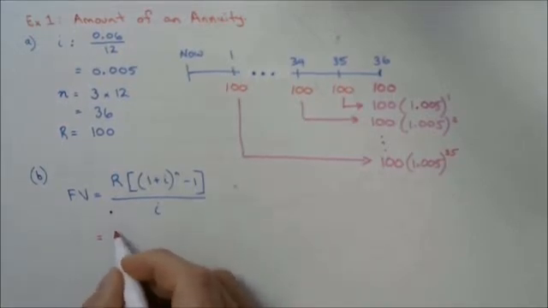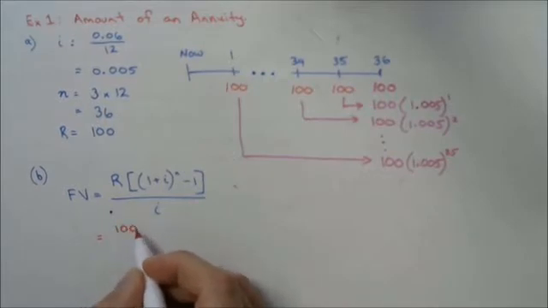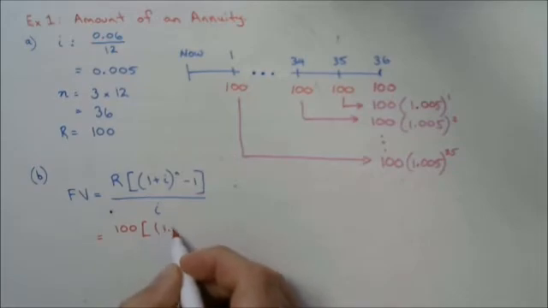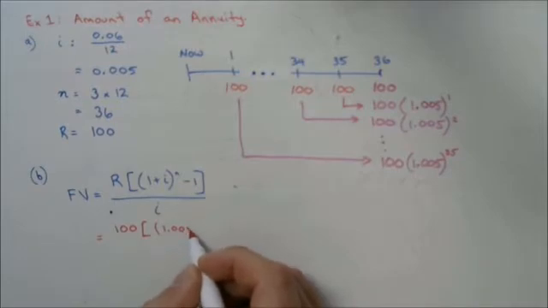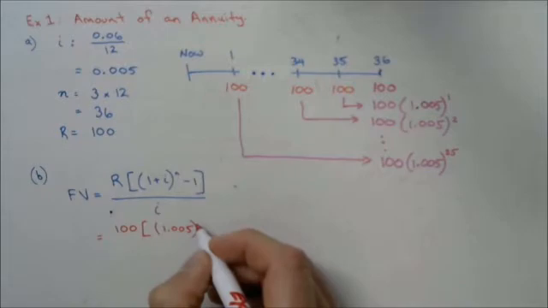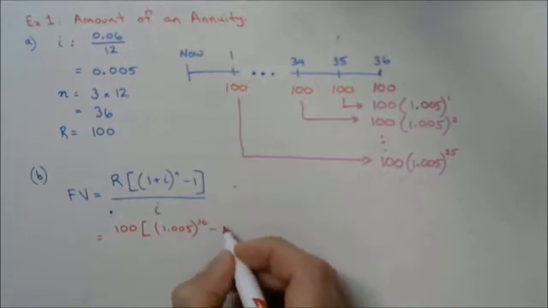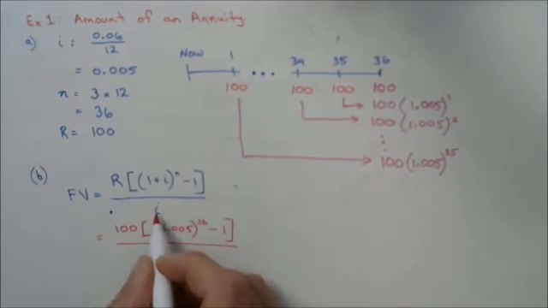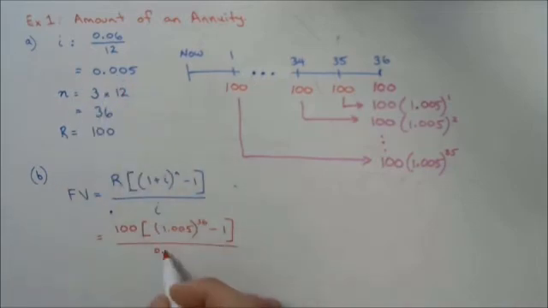We know he's going to make regular payments of $100. We know the interest rate is 0.5% plus 1, so 1.005 to the power of n, which is 36. And then we minus 1, and in the denominator we have our interest rate. We're going to divide this by interest rate per compound period, which is 0.005.